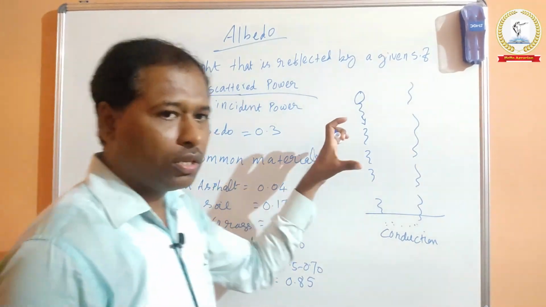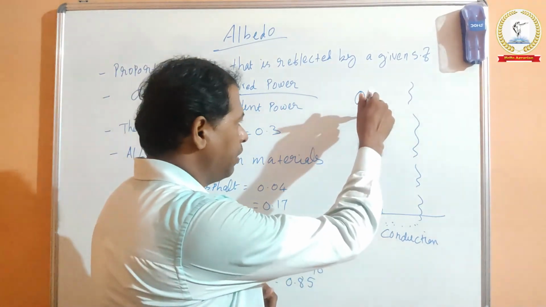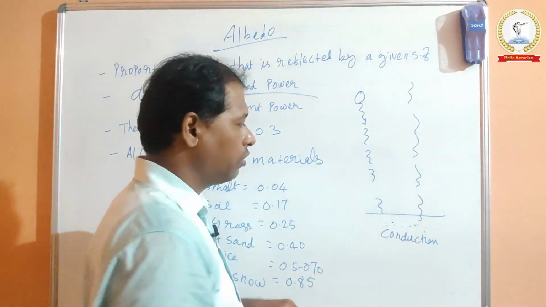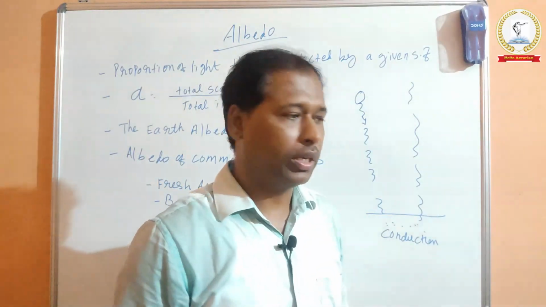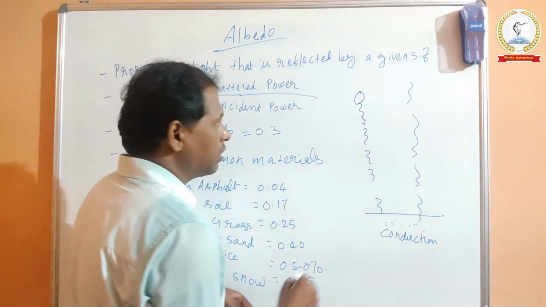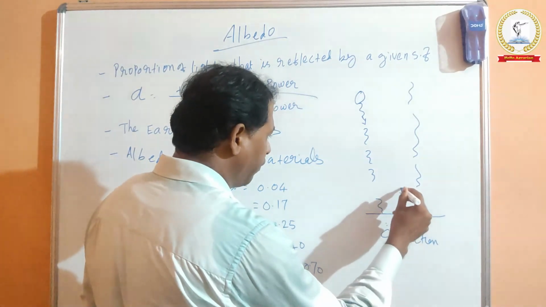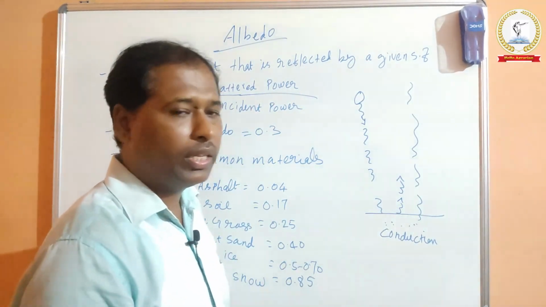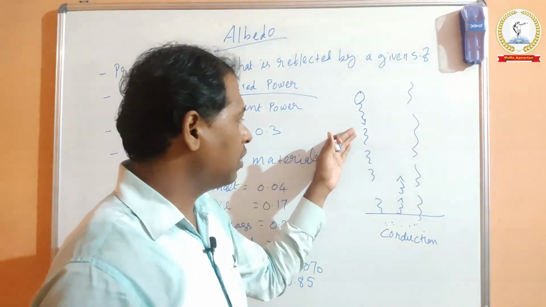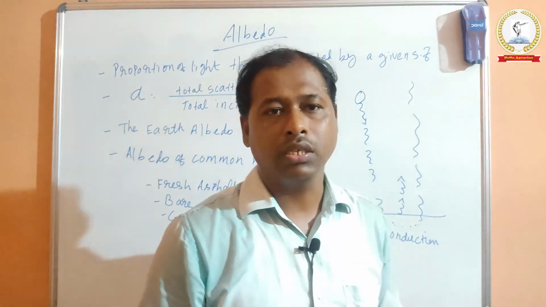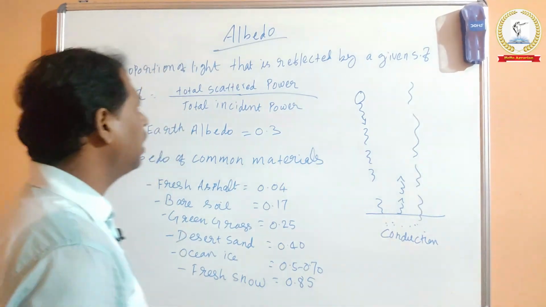First the sun emits short wave radiation and the ground emits long wave radiation. In some cases, the short wave radiation is reflected as short wave radiation itself without changing its quality, and that is called albedo.